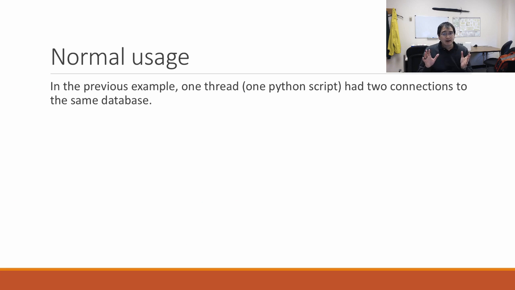Okay, so in the previous example, it was a little bit strange. We had one thread, one Python script, that had two connections to the database. This is actually a little bit unusual because usually one application will only need one connection to the database. You're not going to have an application with multiple connections to the same database, as if it's schizophrenic.